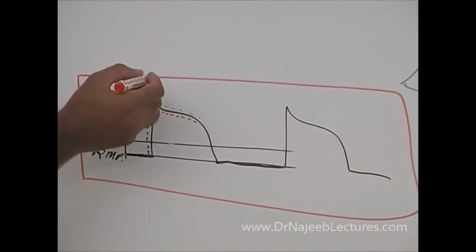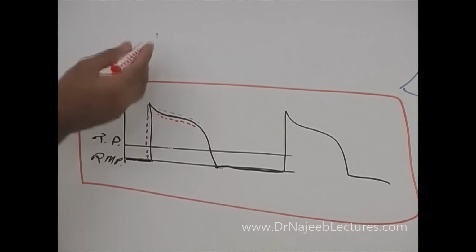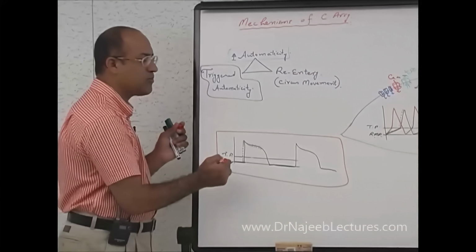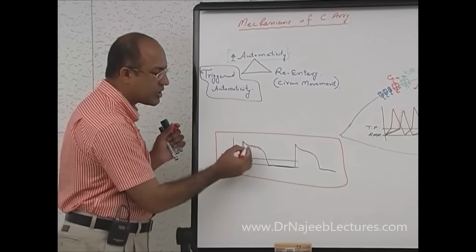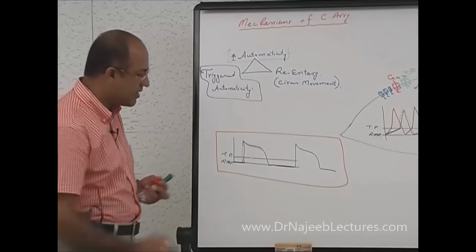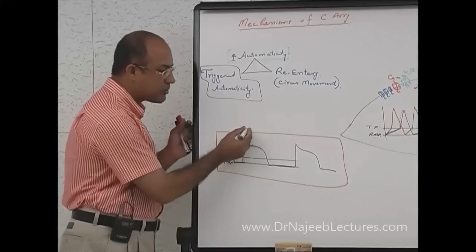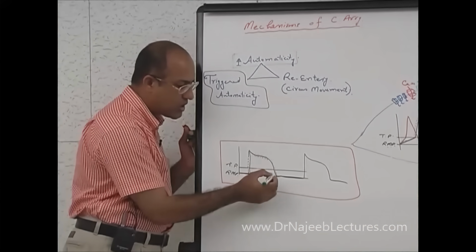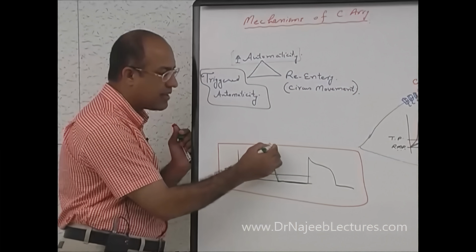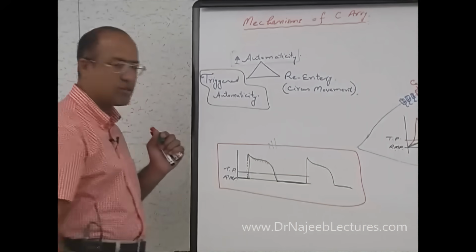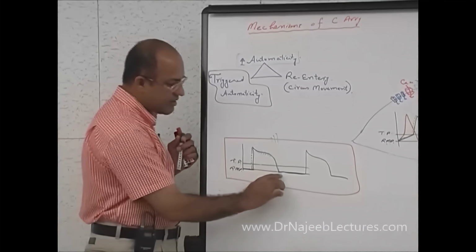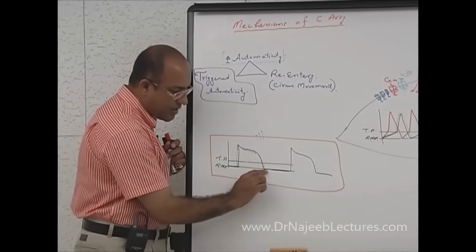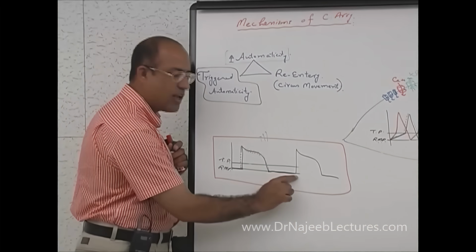When potassium is going out and calcium is coming in, there is loss of potassium and gain of calcium, loss of positive ions as well as gain of positive ions, so there is no significant change in the electrical potential of the membrane. And of course, eventually calcium stops coming in, but potassium keeps going out of the cell very rapidly, and that produces repolarization, right? After depolarization and eventually repolarization, the membrane potential comes back to the resting value.